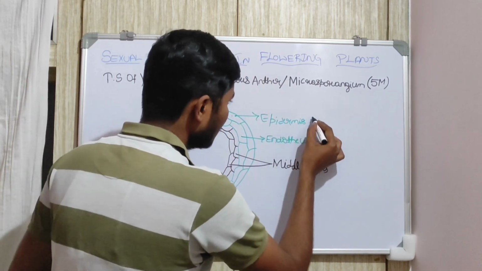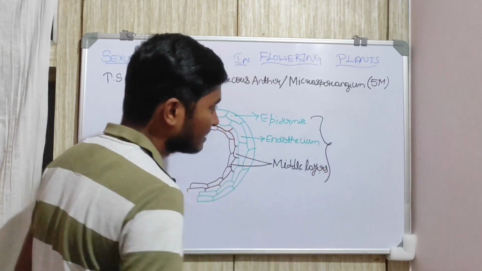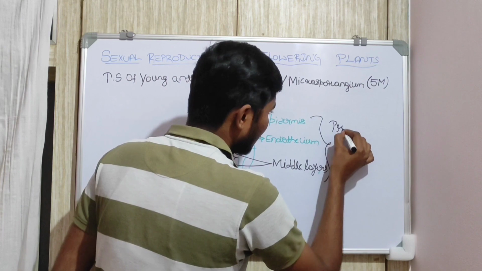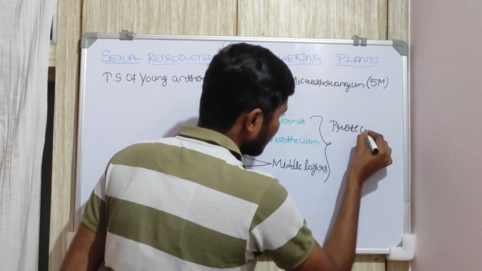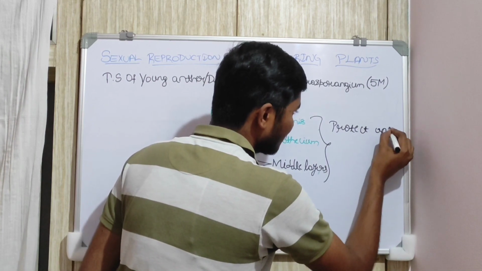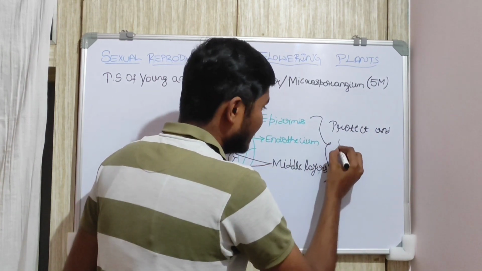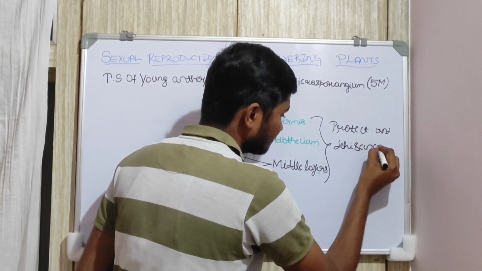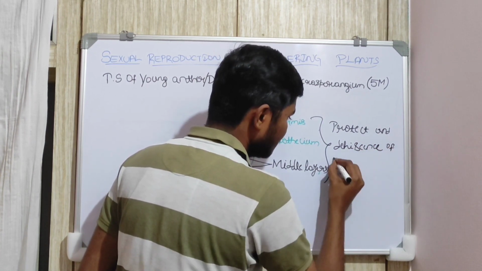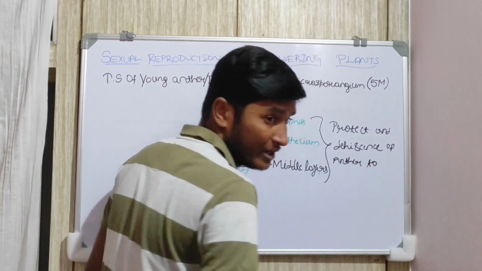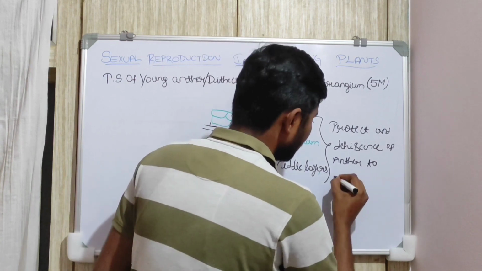The function of these 3 layers in the microsporangium is to protect the microsporangium and help in dehiscence of anther to release pollen grains.